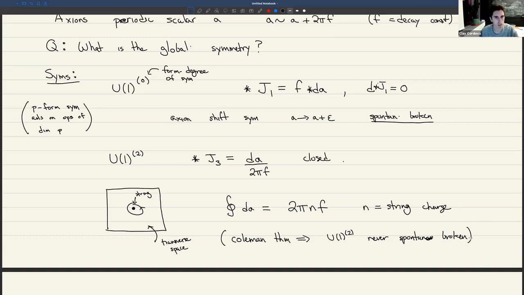Okay, so we have the zero-form symmetry, which is the axion shift symmetry, and we have the two-form symmetry, which measures the charge of strings. And the strings are allowed precisely because the axion is periodic and can wind.